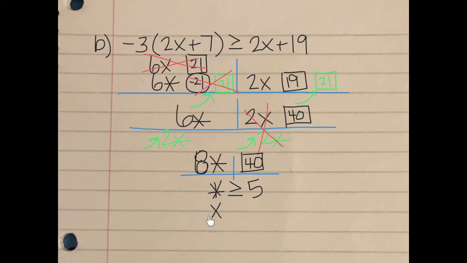So we're going to have to say that x, which is the opposite of star, is less than or equal to, which is the opposite of greater than or equal to, -5, which is the opposite of 5. So the one difference between solving equations and inequalities is that you have to remember to make the switch to the middle when you are bringing a star back to an x.